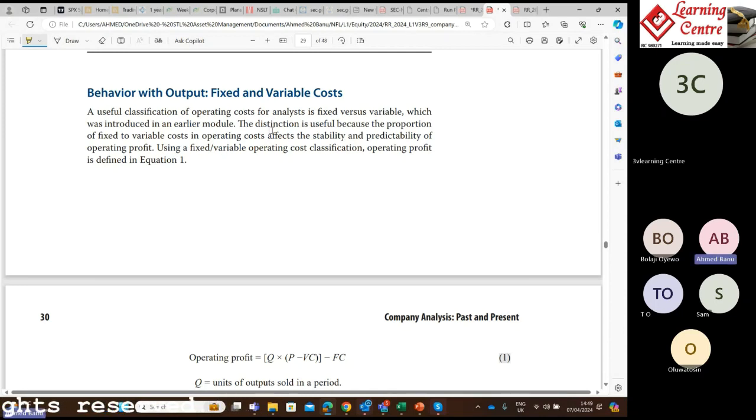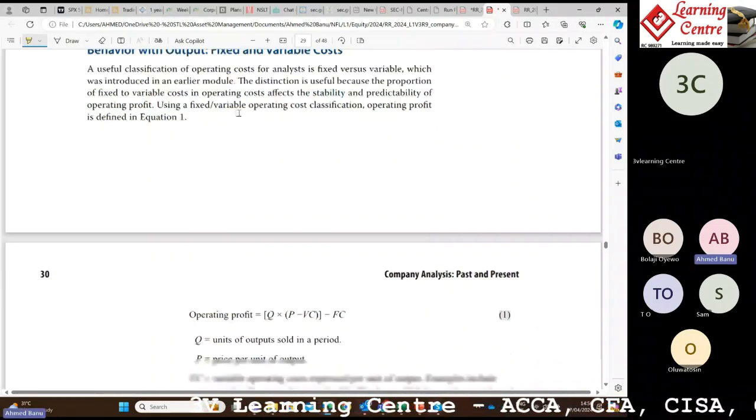So if you have more fixed costs, it's easy for me to project. But if you have more variable costs, it becomes a bit shaky for me to forecast your future profits.